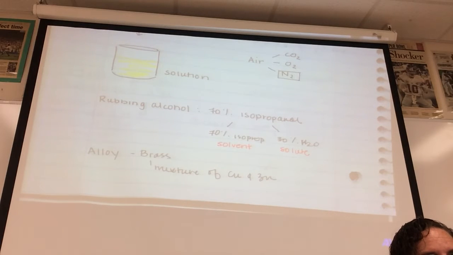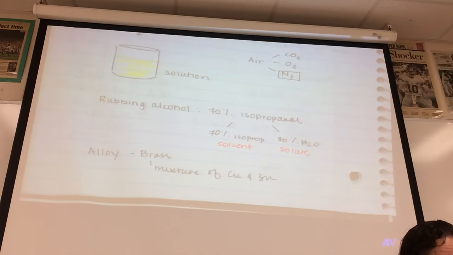If I asked you whether salt water was a homogeneous or heterogeneous mixture, you would tell me what? Homogeneous. Why? Because it's composed of salt and water, but you can't see the salt. Okay, so it's composed of at least two things, but it looks like one.